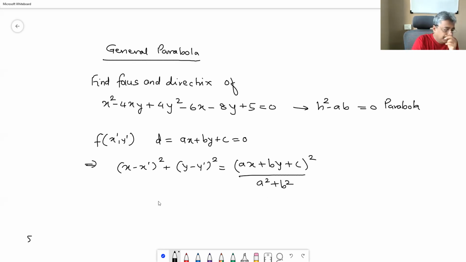And now let us try to simplify this and identify what we mean by the general equation. So just keep watching. I will make some mistakes.